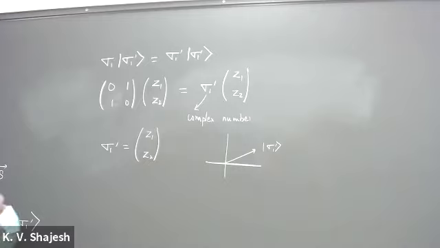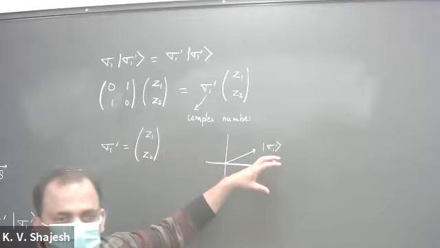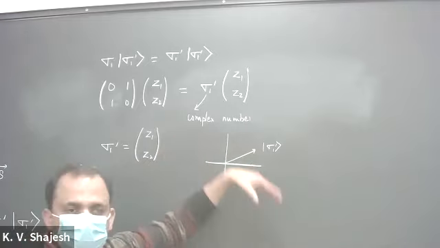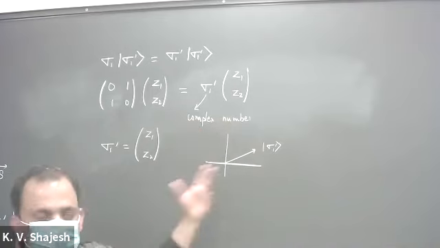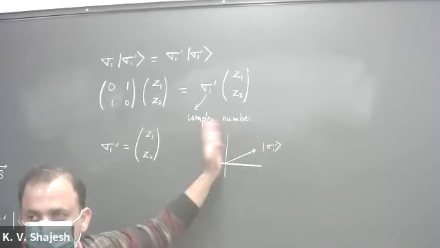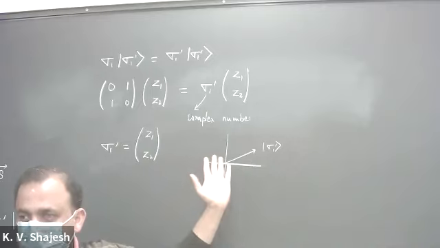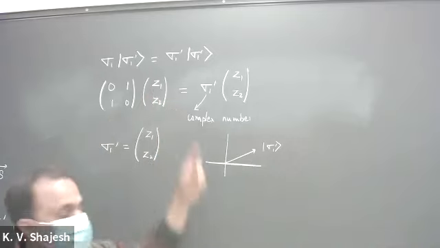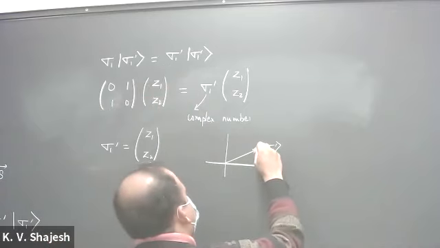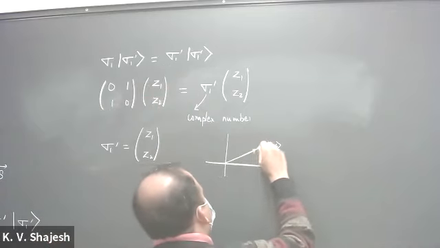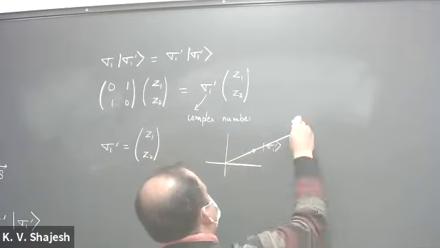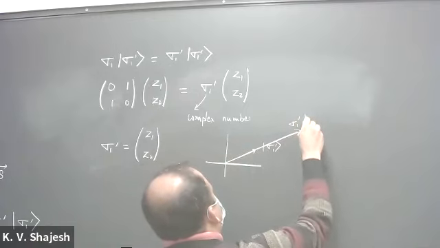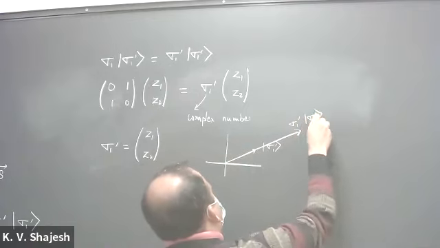And we are asking, in general, if I were to operate on this with a matrix, this will move. Like if I apply a rotation matrix on this, this will become another vector. But if it is an eigenvector, what it does is that it only increases, right? So this is sigma 1 prime times sigma 1. Is that clear?